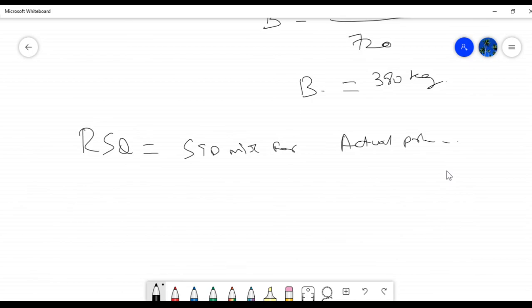So how much is the actual material used? 810 kg. Correct or not? Refer to the question. That is 450 plus 360 equals 810 kg, which is the actual mix. Then what is my standard mix?